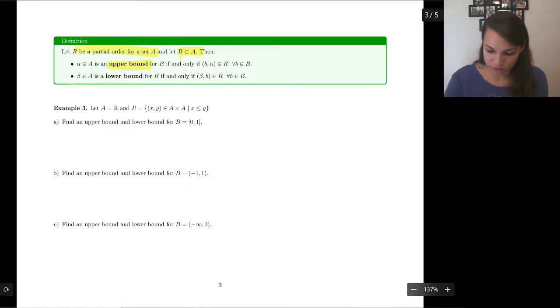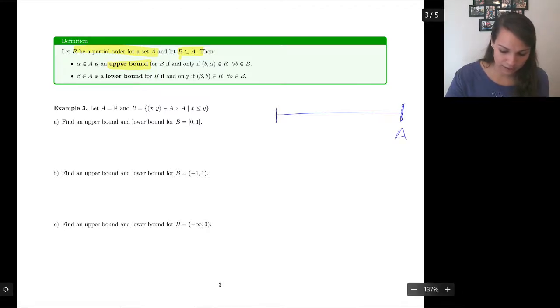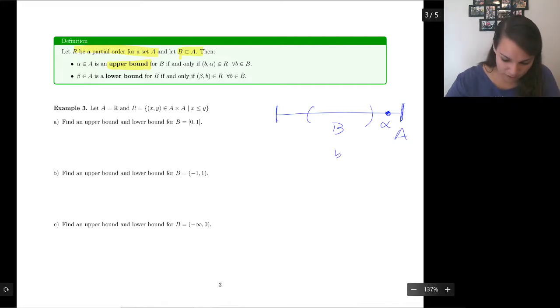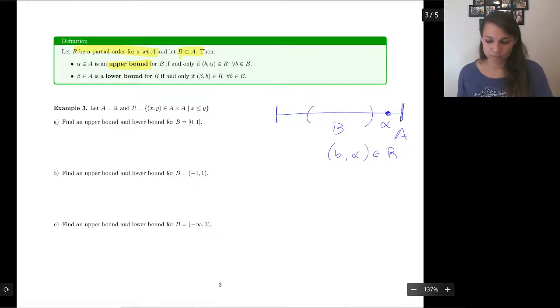So just to draw this out, imagine you have a line, and we'll say this line is A, and then B is somewhere in here. We say that alpha could be right there. So alpha would be an upper bound for B if B is related to alpha, like that. I feel like that's really hard to visualize, which is why I introduced the less than or equal to right off the bat.